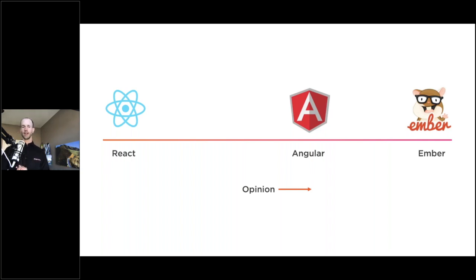React, on the other hand, is very much on the other side of the opinion scale, where it says, here's how you create reusable components, but you can decide how to handle routing. You can decide how to handle testing. You can decide how to handle your folder structures, all sorts of other things like that. So depending on what type of dev environment you want, you may see this as a good thing or a bad thing. React's flexibility could be a feature or a bug depending on your priorities.